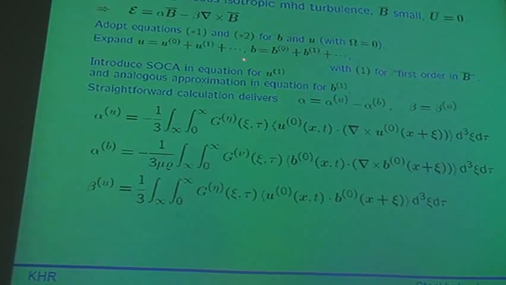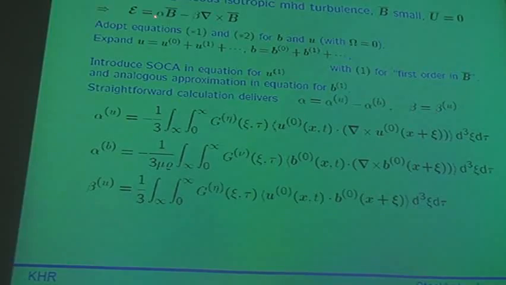And if you introduce in both equations for U1 and B1 the condition for a second order correlation approximation, as you know it already in the case of the equation for B, and make a similar assumption in the equation for U, it is in fact the neglect of the nonlinear term in the equation of motion, in the equation for U1. Then a calculation which I don't want to show you in detail leads to this.